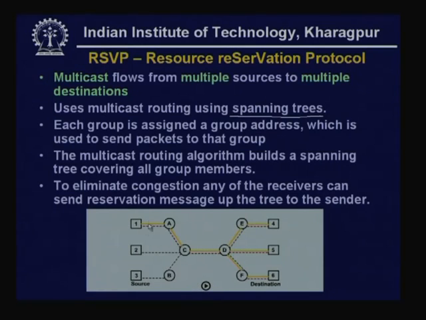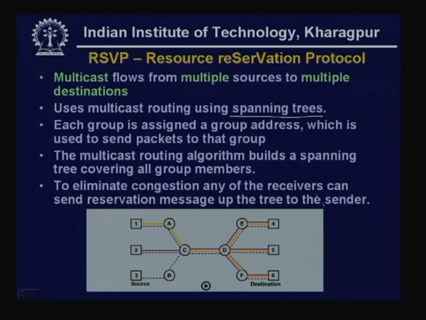Here the spanning tree is from this station, it will go to node A, then node C, then node D, and from there, as you can see, it is going to 3 different destinations. So, it is transmitted on 3 paths rather than 1, and this spanning tree is based on the least cost path. So, from 1 to 4, 5, 6, this is the spanning tree. Similarly, the spanning tree can be from 2 to again 4, 5, 6.